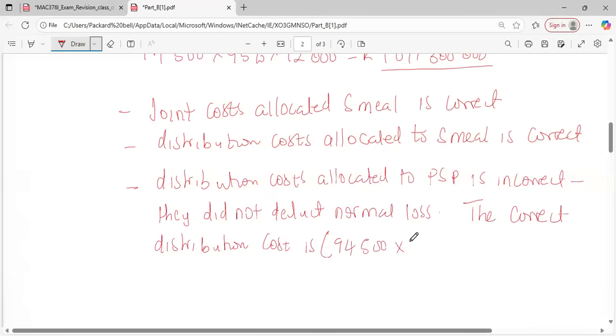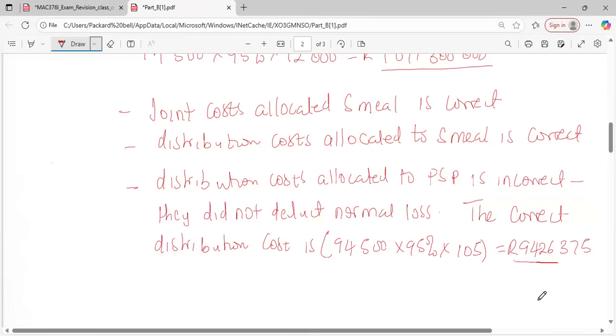94,500 times 95% times 105, which is equal to 9,426,375.